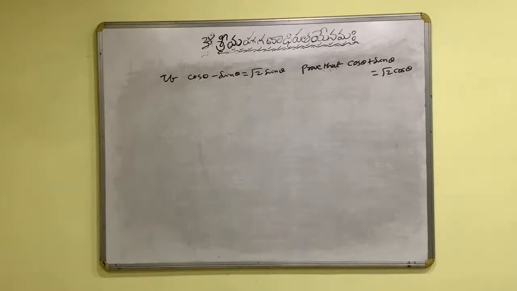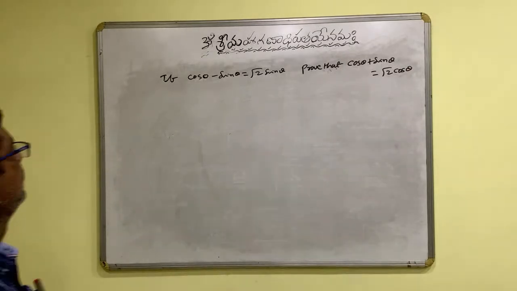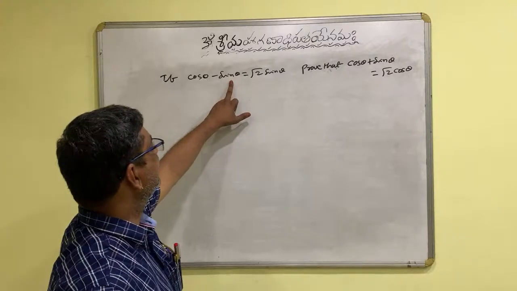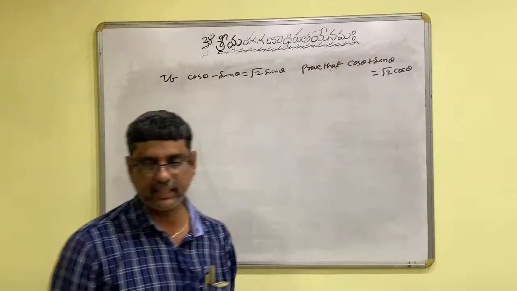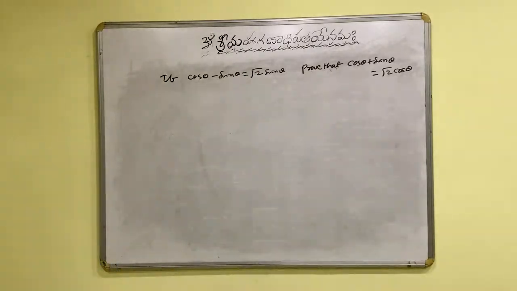This is the question. If cos theta minus sin theta is equal to root 2 sin theta, then prove that cos theta plus sin theta is equal to root 2 cos theta.